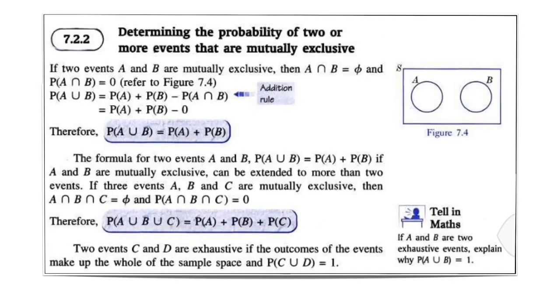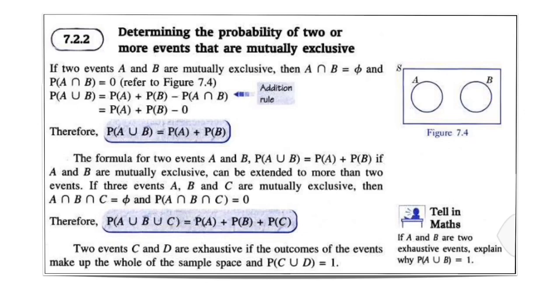For the next lesson, we'll discuss further the formula, the addition rule for mutually exclusive events. Probability of A union B is equal to probability of event A plus probability of event B. This is for two events.